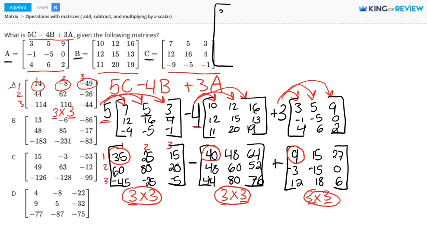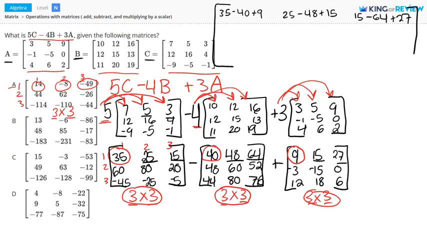So we have 35 minus 40 plus 9. Next we have 25, 48, and 15. So we have 25 minus 48 plus 15. And then we have 15, 64, and 27. So this is 15 minus 64 plus 27.